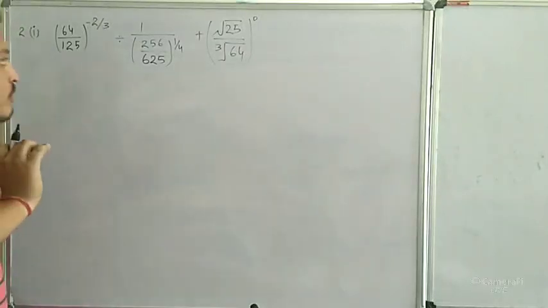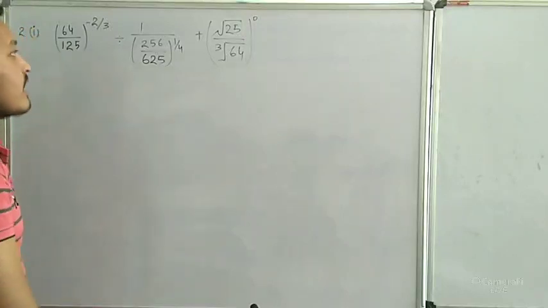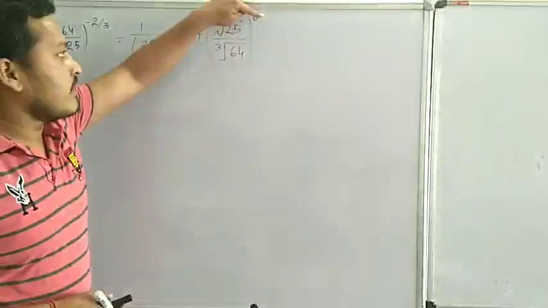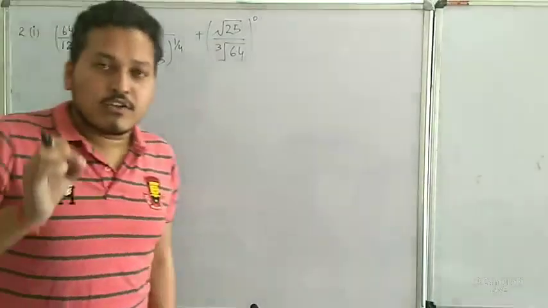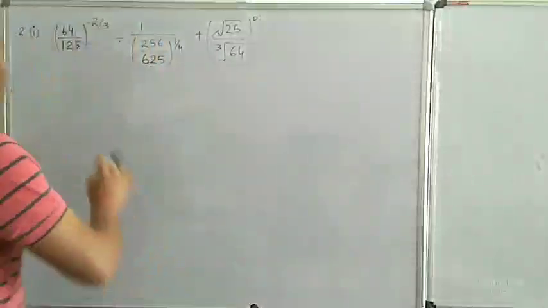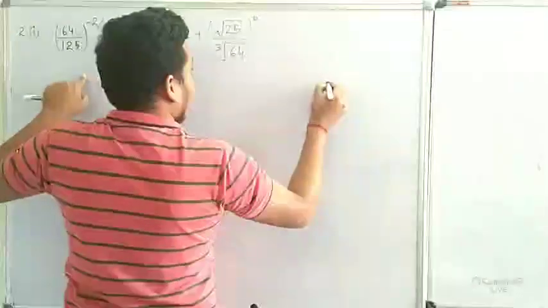So first, what do we have to do in this question? Please first remove this negative sign from the power. It is a simple part. When we solve a question of exponent, first of all try to remove the negative sign of the power. We can remove this negative sign of the power with the help of one formula.